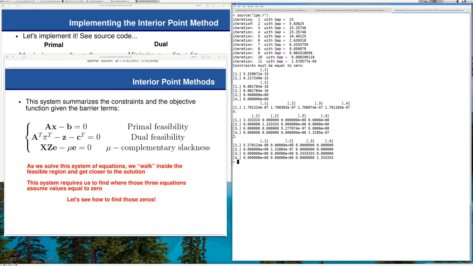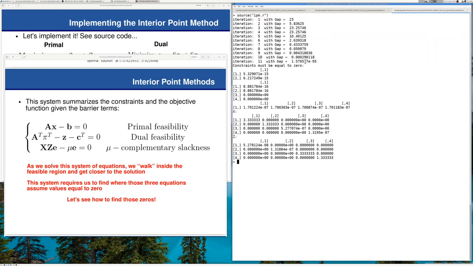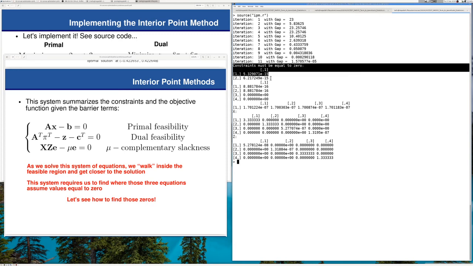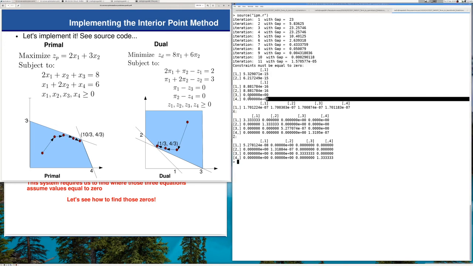Take a look. After 11 iterations, our gap is really, really small, something multiplied by 10 to the power of minus 5. Results for the primal constraints: almost 0 for these two constraints, really close, and for these other constraints, wow, 0 and 0.